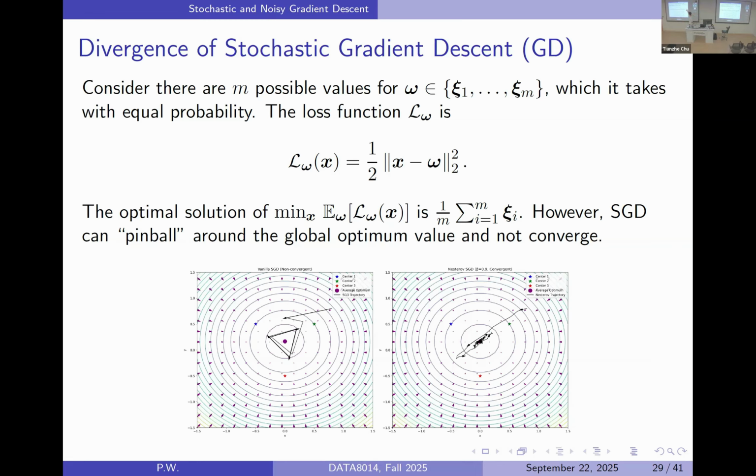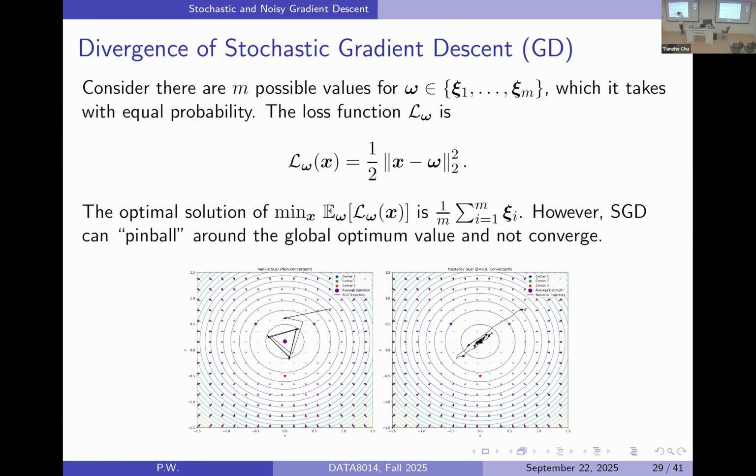But when you run stochastic gradient descent for solving this problem, you will observe this phenomenon: vanilla stochastic gradient descent always oscillates around the global solution.